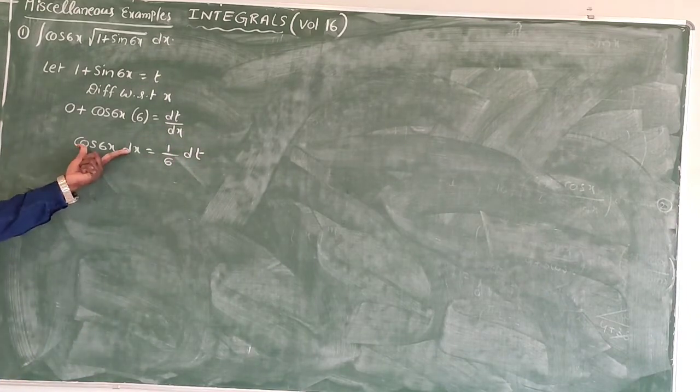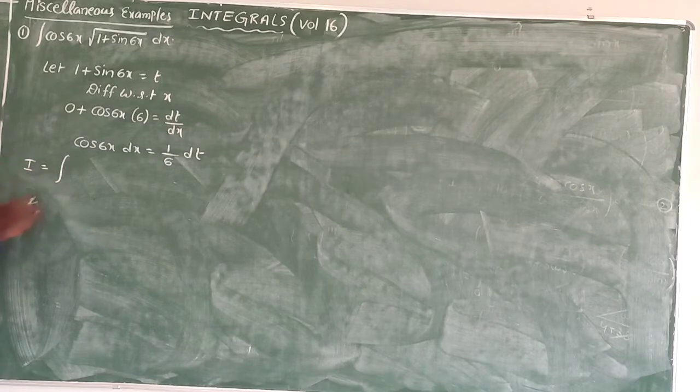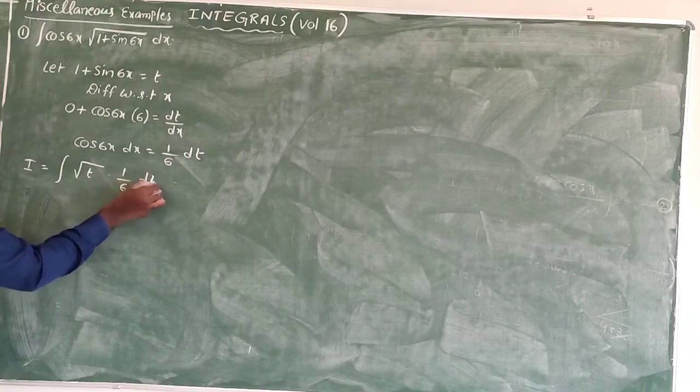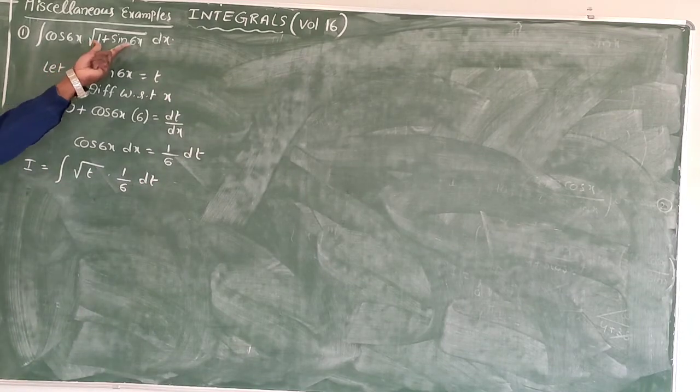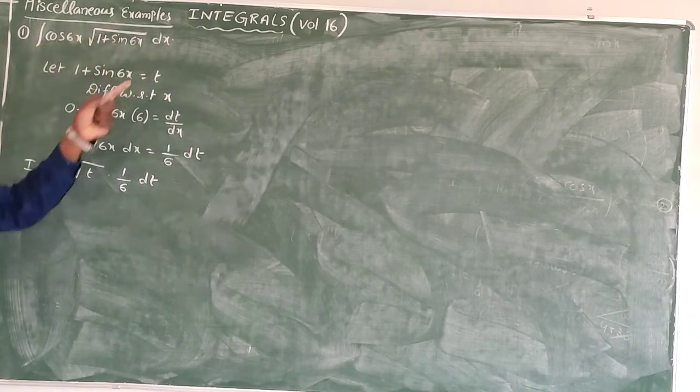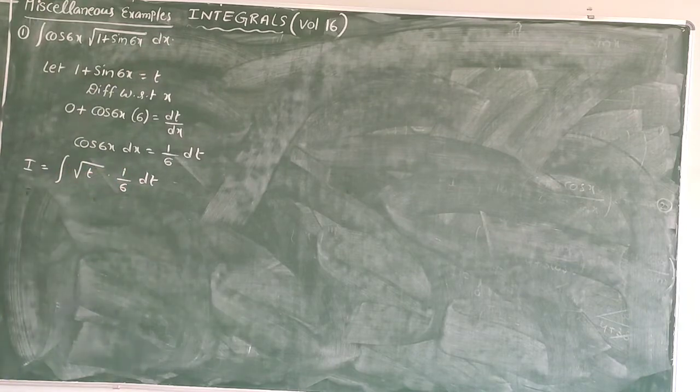This term is present in the question. Now the question changes to I equals integral, in place of this I can write root t into 1 by 6 dt, because t cos 6x dx means 1 by 6 dt. 1 by 6 is a constant, I will write it outside.